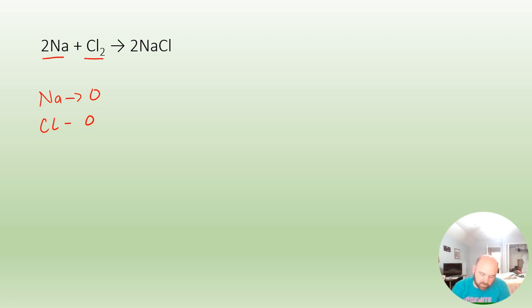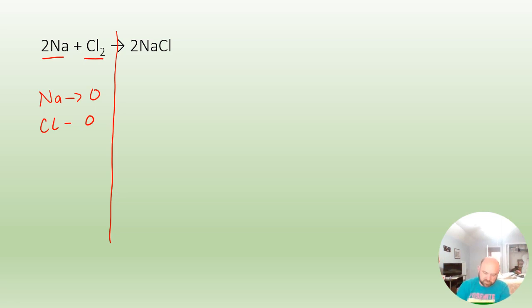Now, on the product side, let's try to figure out if they were oxidized or reduced. Did their oxidation number change? On this side, we see an ionic compound formed of two monoatomic ions. Specifically, in this case, there are no polyatomic ions. And we remember from the guidelines, the oxidation number of a monoatomic ion is equal to its charge.